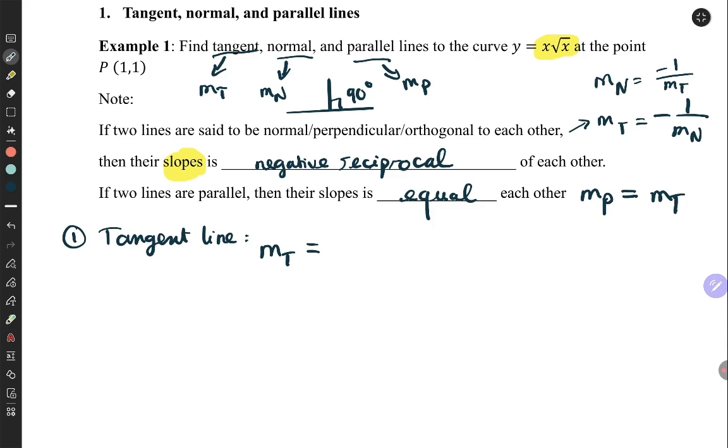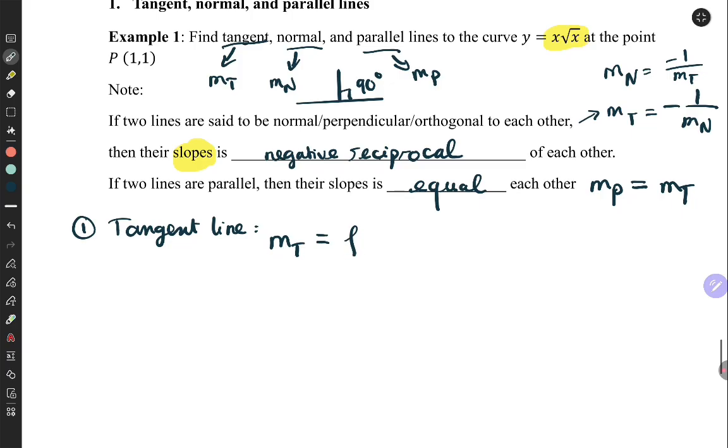Normally, in 2.1, how did you find the slope? Just tell me the idea, not the formula. How did you find the slope? You find the derivative of the function. And how did you find the derivative of the function in 2.1? Back in 2.1, you use a limit, right?